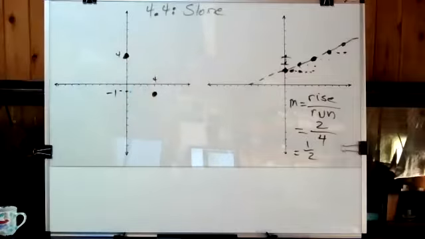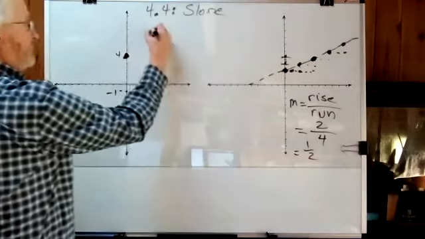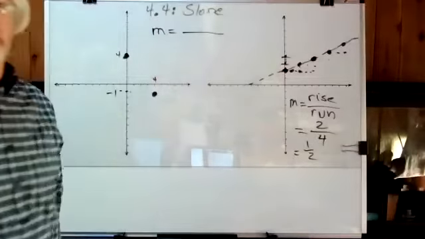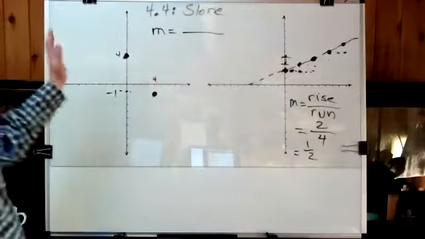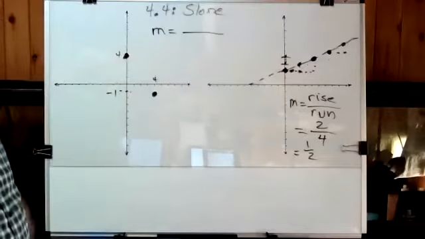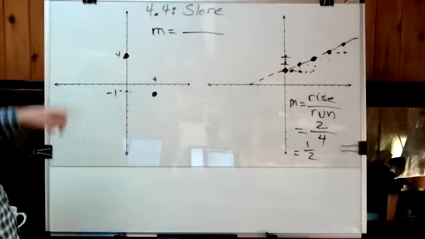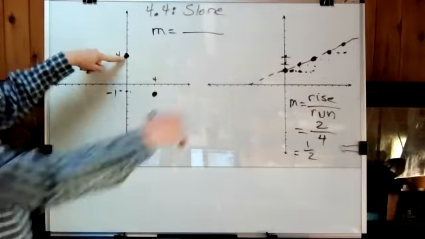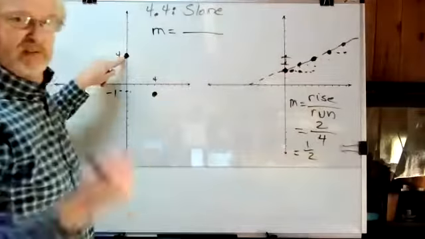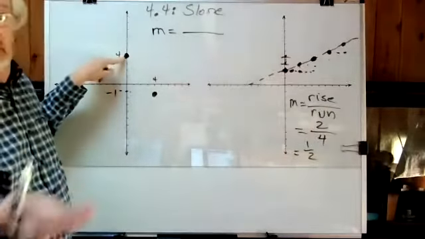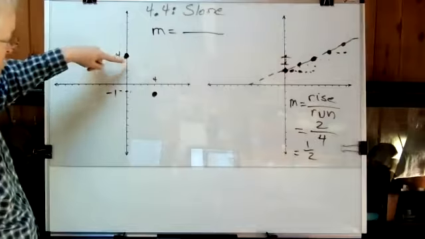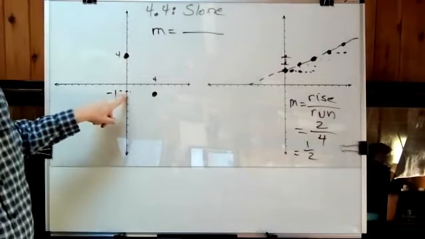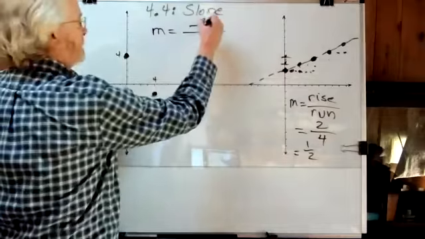Same thing. What's the change in y? I'm going to do this one both ways just to show you that it works out either way. If I choose this as my starting point, my rise is actually a negative rise. That's important. It went down. I went 1, 2, 3, 4, 5 to get down to that -1. I went down 5.